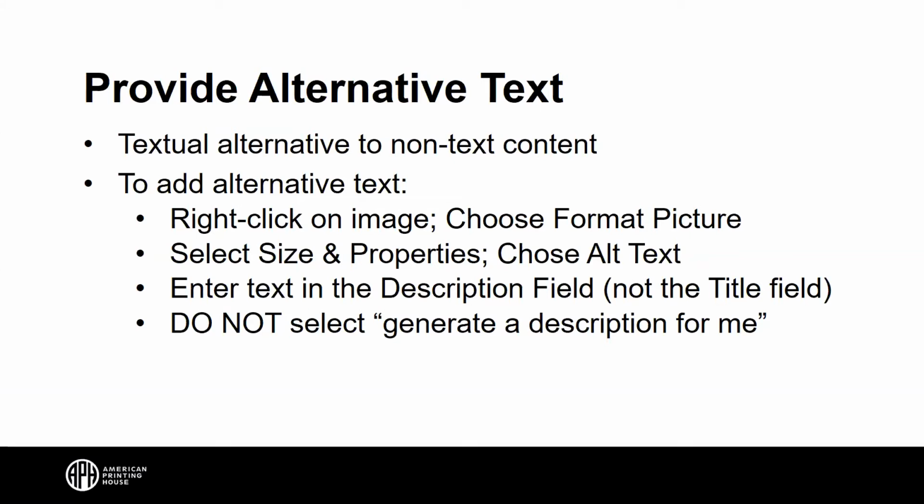And we tend to have tons of images in a PowerPoint. The alt text provides that textual alternative to that non-text content. Now, alternative text for an image might change immensely based upon the context, and that's something to really think about.